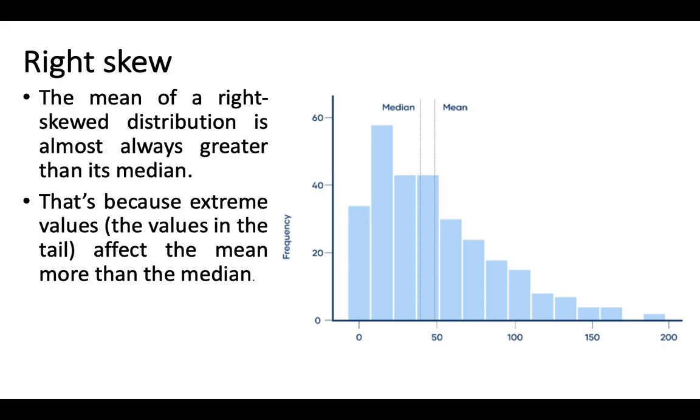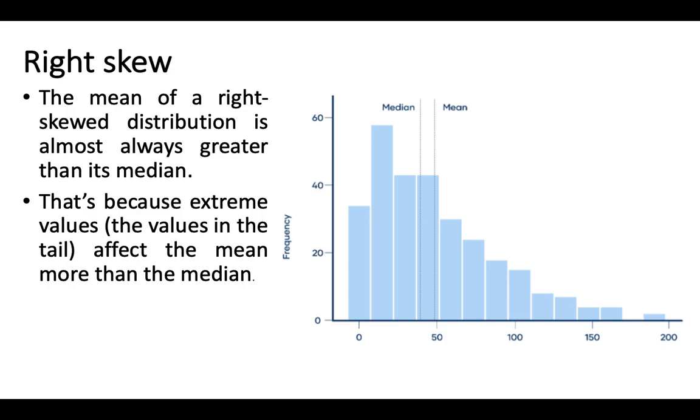So why is it so? It is because there are certain values. If you just look at the bottom of the graph, there are certain values which are on the higher end, or which can be called outliers as well. So there are some values which have an abnormal range, which makes the mean high, but does not affect the median at all.